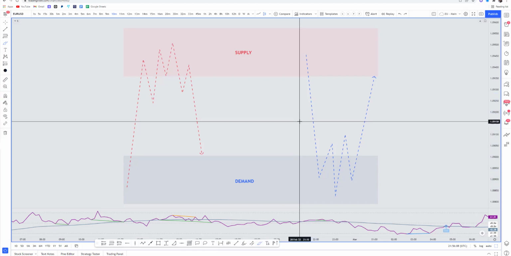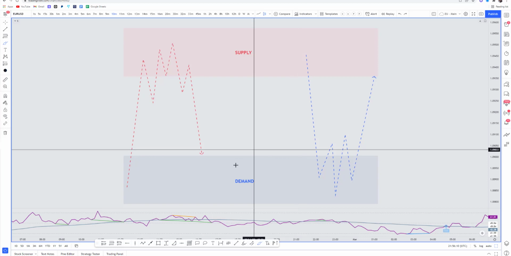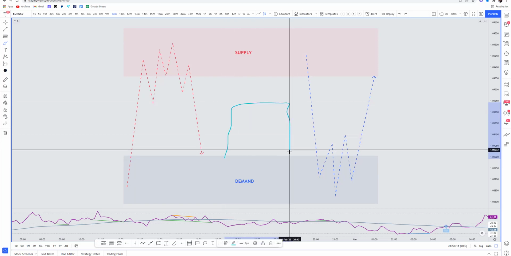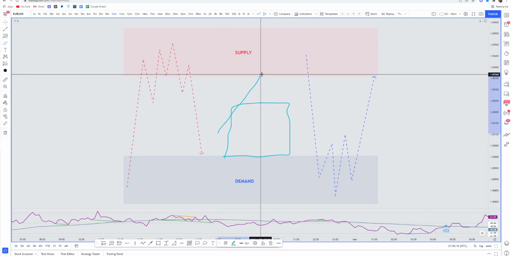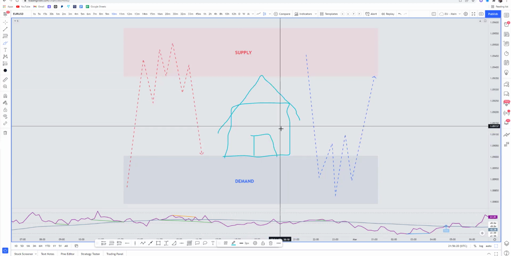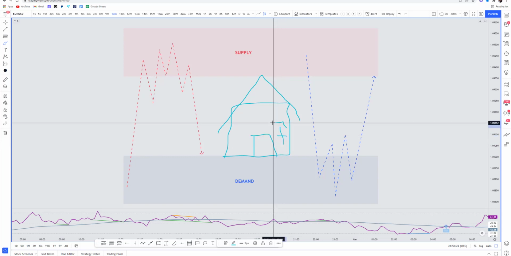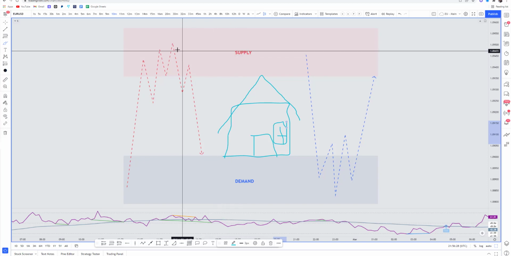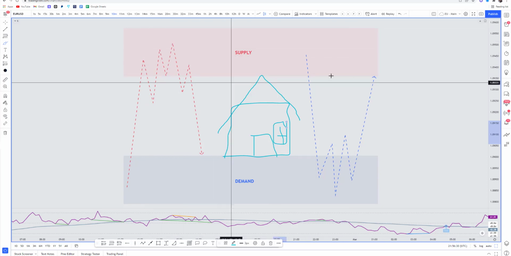Now, this is kind of the concept if we think about a house. Let's say we have a little house. I'm sure you guys love this drawing. Put a little door here, and we have a great little window. Now, here you have a house. Now, let's say the market is absolutely flooded with houses.